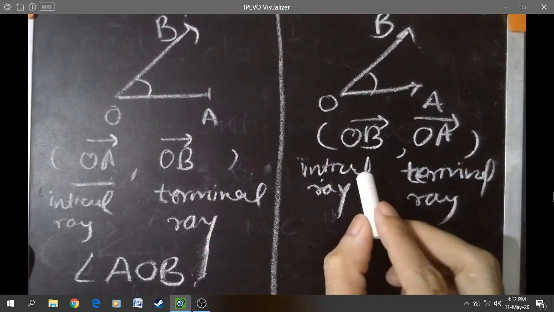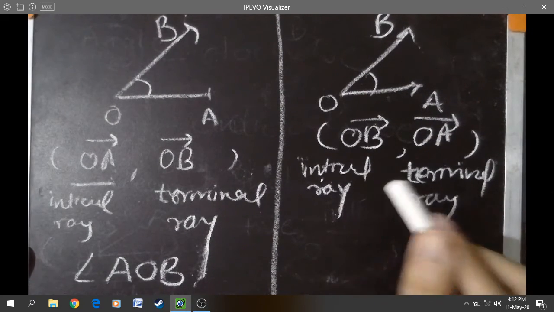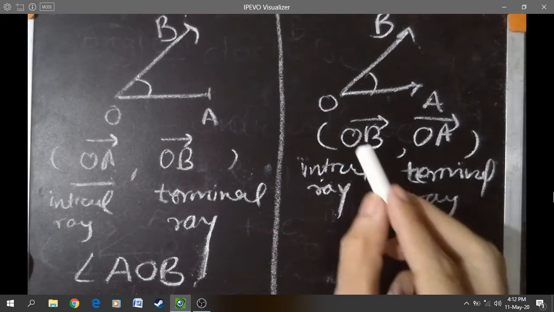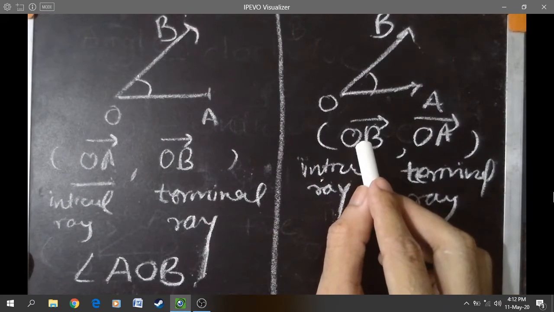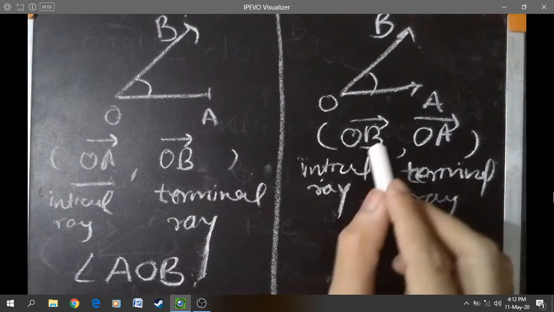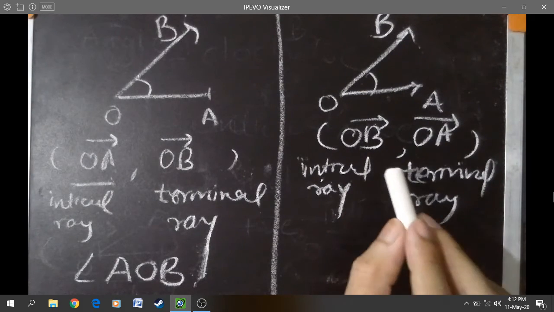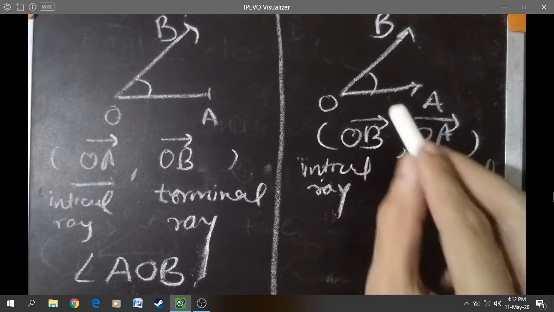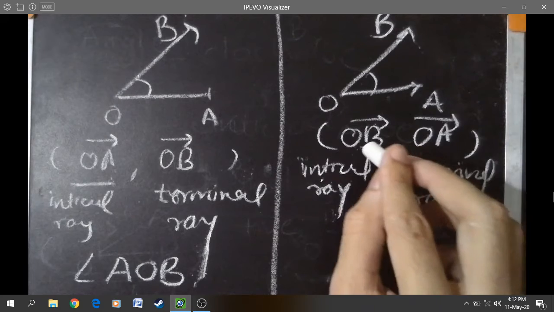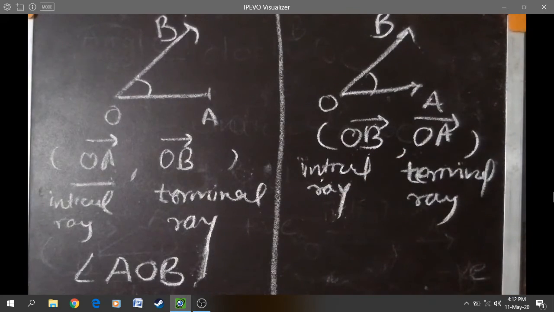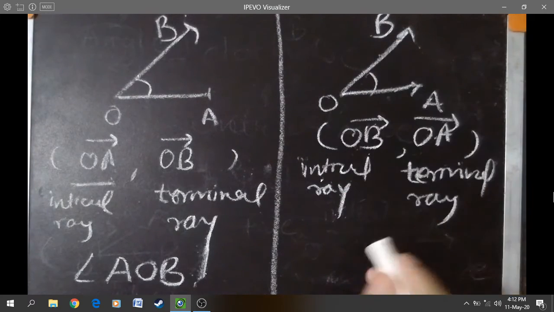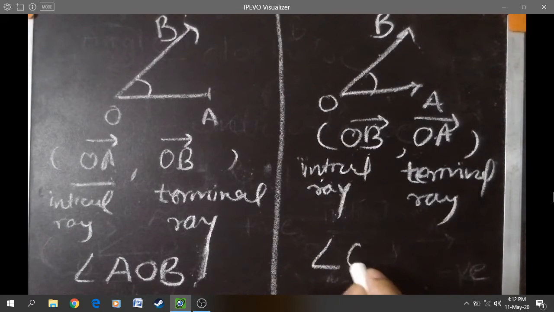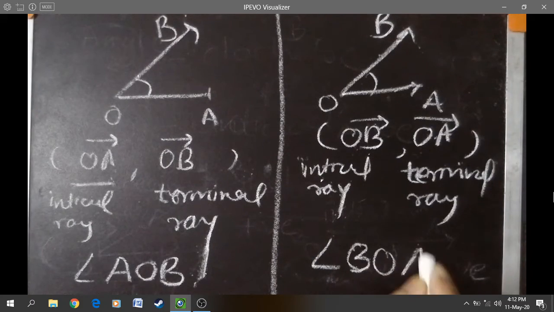Initial means starting and terminal means stop. So the initial ray is OB, which is written first. In an ordered pair, the order is so important. That's why it's called an ordered pair: pair means two, and ordered means in order. OB is the initial ray, as when we write OB first it becomes the initial, and OA is terminal. So the angle will be BOA.